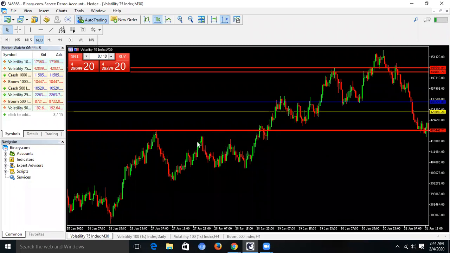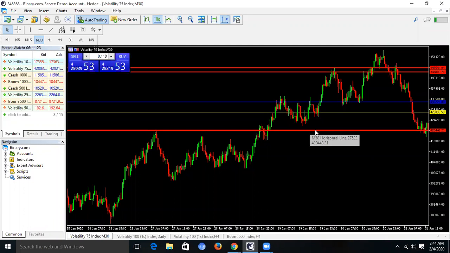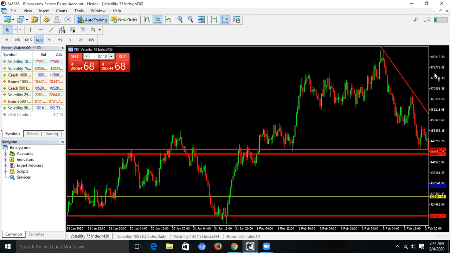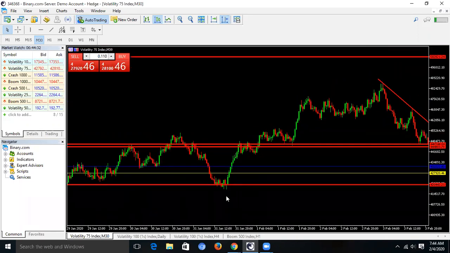It could be near or a little bit over, but these are still valid zones. They are all zones. So just get your phone, your computer, and draw these zones correctly, and expect a buy to take place from here.